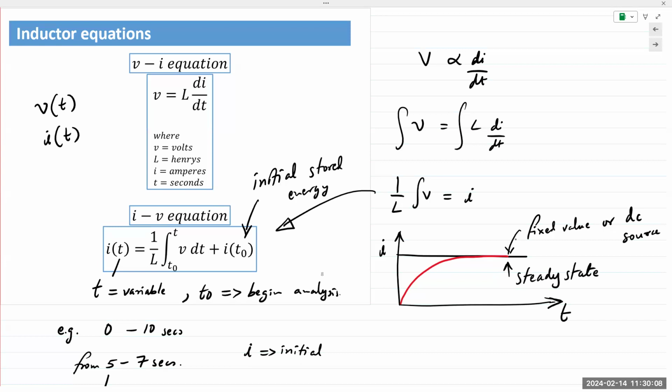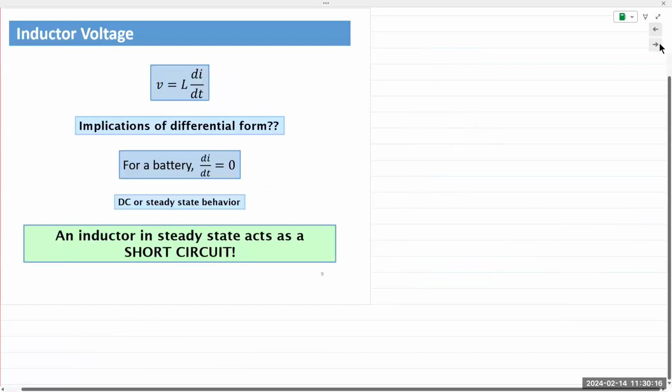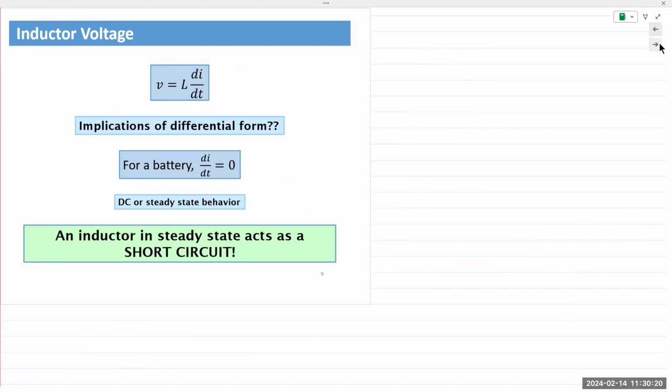And when it reaches maximum charge, when it reaches steady state, voltage drops to 0. If voltage goes to 0, that means the inductor behaves like a short circuit. You apply 1 amp of current to that inductor, it reaches 1 amp. Until it reaches 1 amp, there will be some voltage that appears across that inductor.